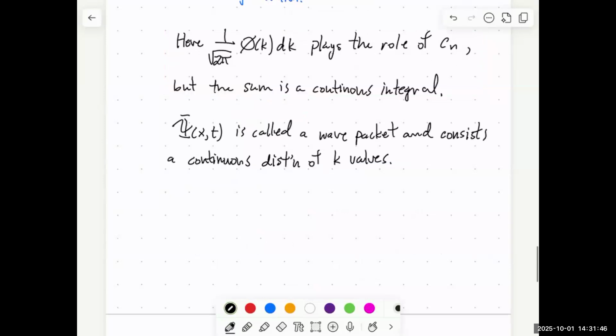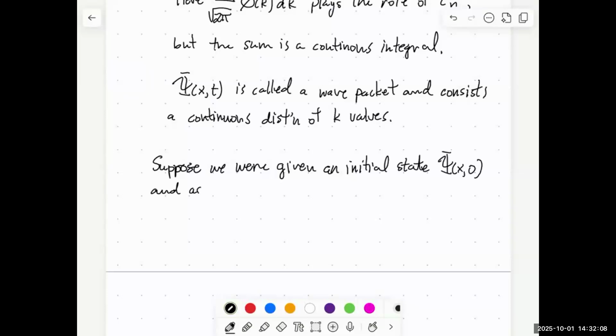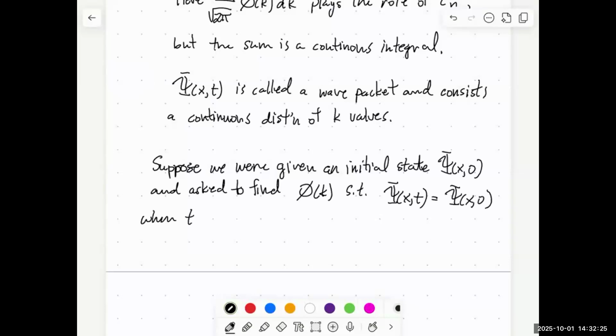So the question is then, well, suppose we were given an initial state psi of x,0, and we're asked to find phi of k such that psi of x,t is equal to psi of x,0 when t equals 0.